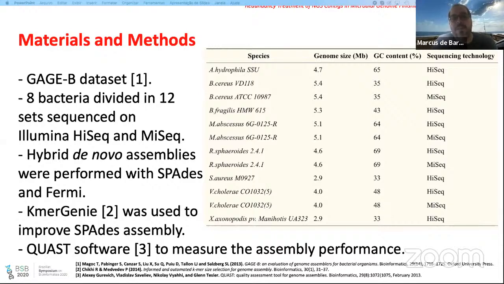To perform the assembly with SPAdes, we also used a k-mer-based approach to improve estimating the K value, the best K value for the assembly. And at last, to evaluate and measure the performance of the assembly, we used the software QUAST.